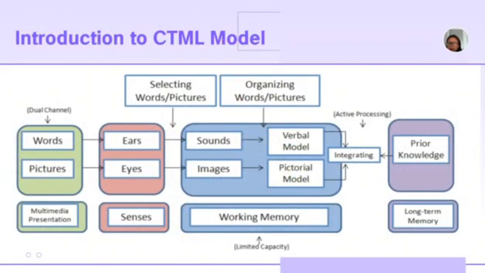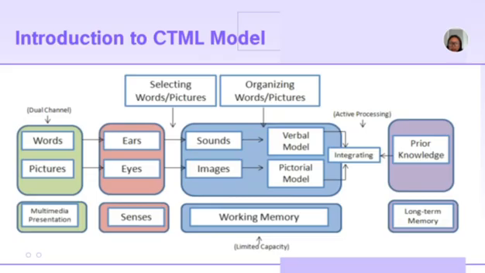Let's now dive deeper into the CTML model itself. The CTML model is built on three key assumptions. First, the dual-channel assumption tells us we have two separate channels in our minds to process information.